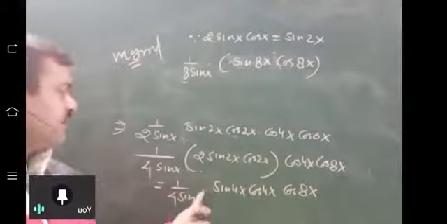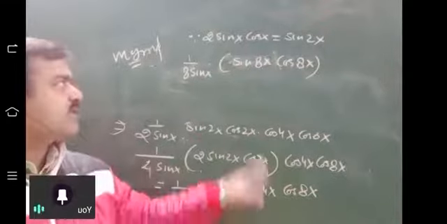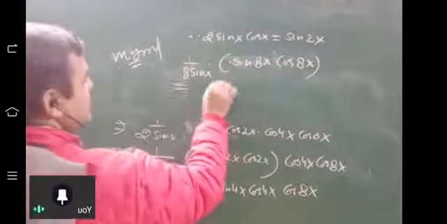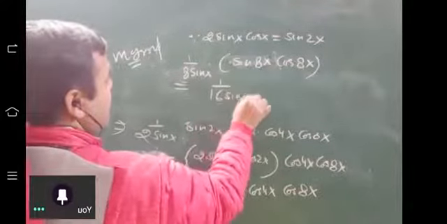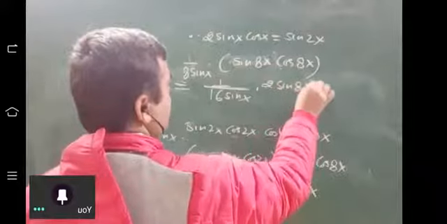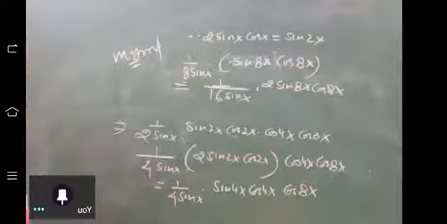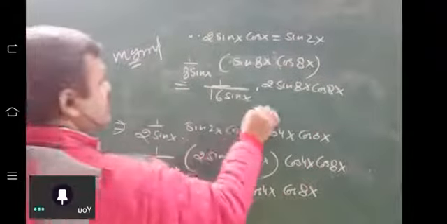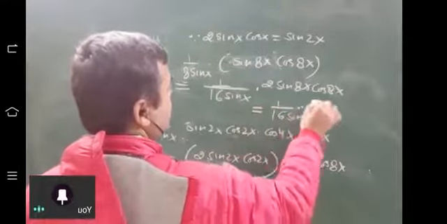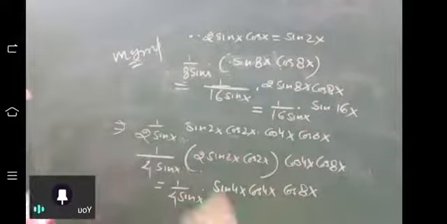We have multiplied by 2: 2 sin 4x cos 4x equals sin 8x. Again divide by 2, so this is equal to 16 sin x, and multiply here 2 sin 8x cos 8x, and this is equal to sin 16x. So this is equal to sin 16x divided by 16 sin x, and hence this is your answer.